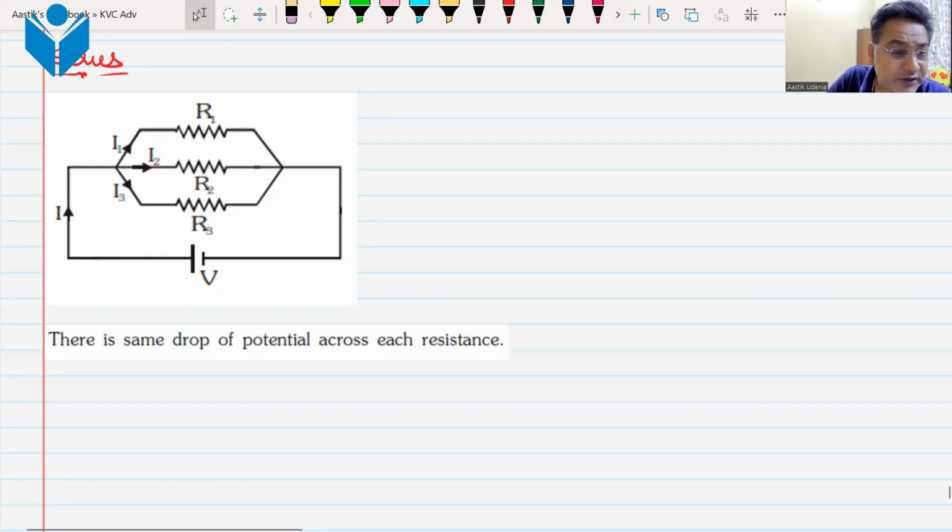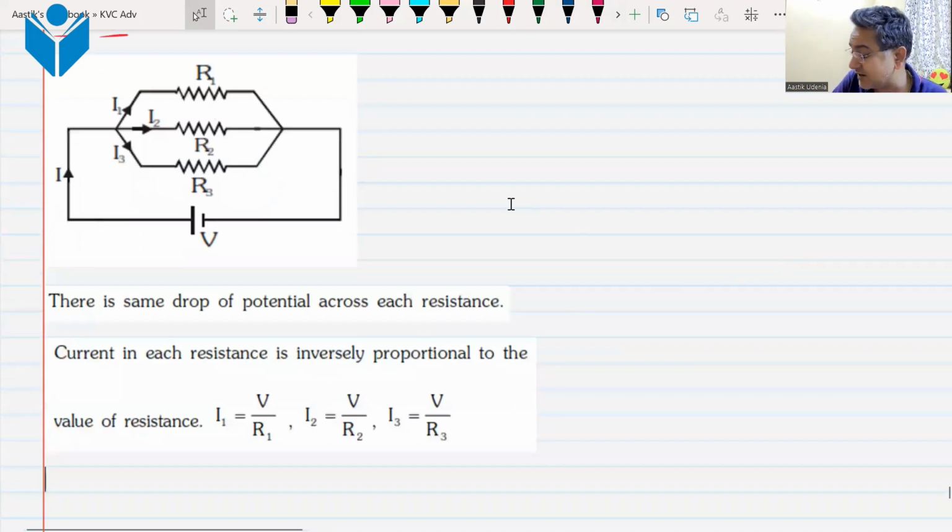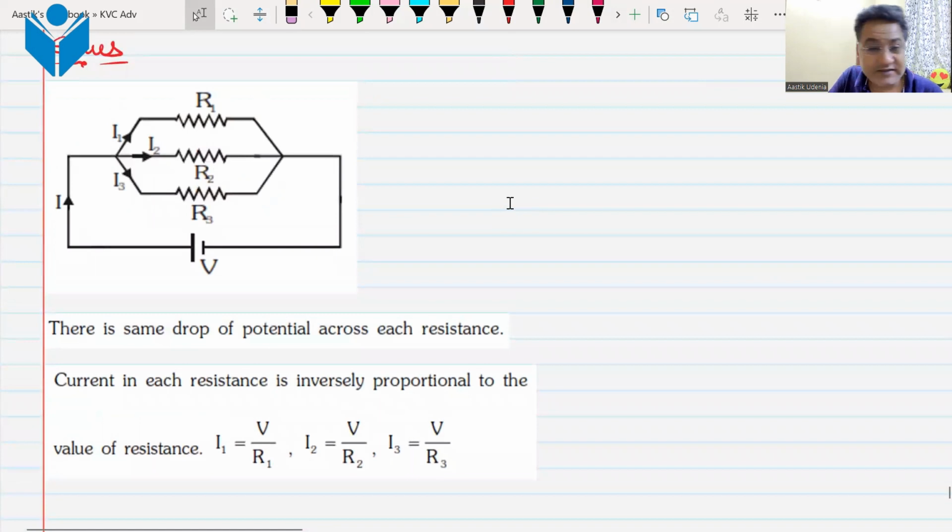Again, the potential would be the same, but current would be different, and current would be inversely proportional to the resistance. That is a very important fact. Current is inversely proportional to the resistance. More resistance, less current; less resistance, more current. Do we understand this? Yes, sir.